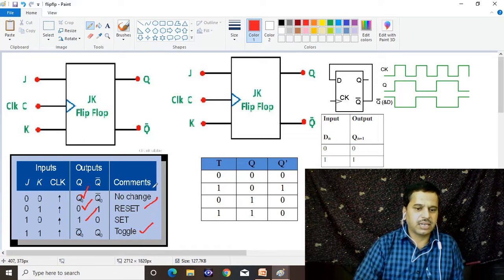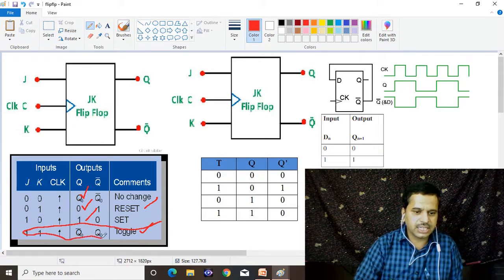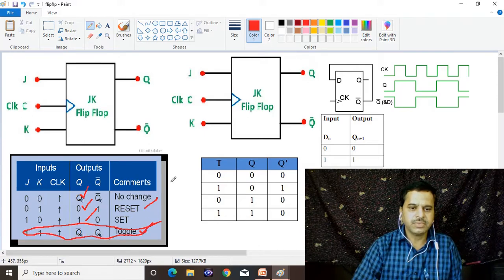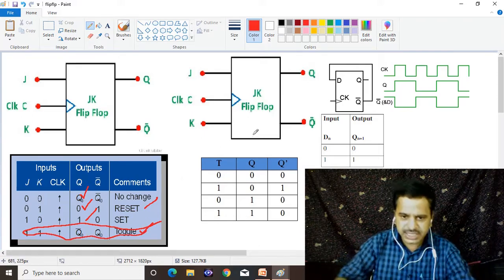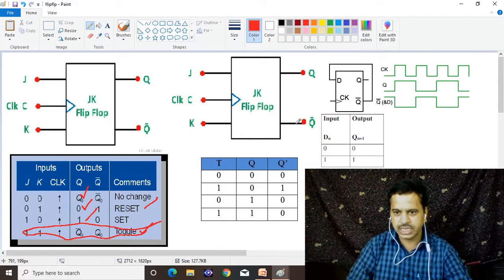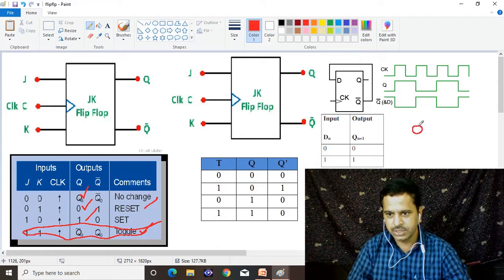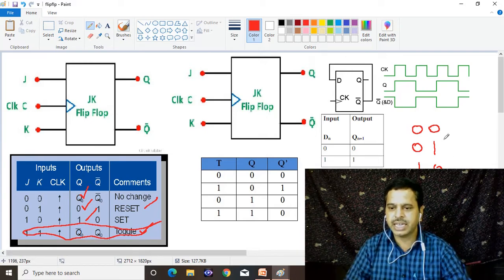For our applications, this toggling condition is required, because in a counter the state always changes: 0 0, 0 1, 1 0, 1 1, again 0 0. In a binary counter, it always changes states like 0, 1, 0, 1, and so on, or 0, 0, 1, 1, 0, 0, 1, 1.